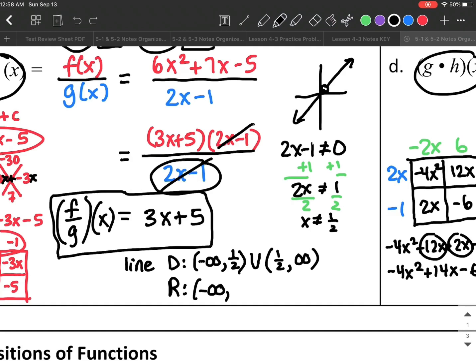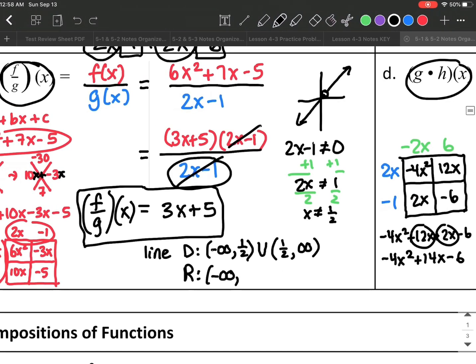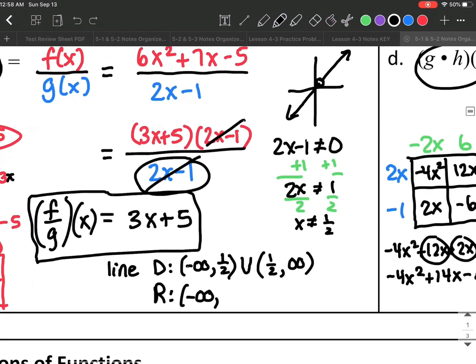So you just have to plug in 1/2 into this equation. So I have 3 times 1/2 plus 5. So that's 3/2 plus 5, which is 10/2, which gives me 13/2. So you'd write the same thing, 13/2. And that would be your answer.